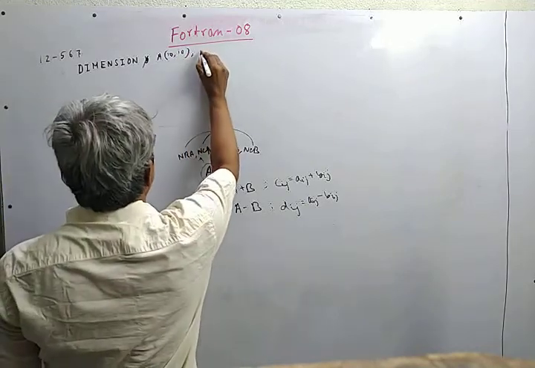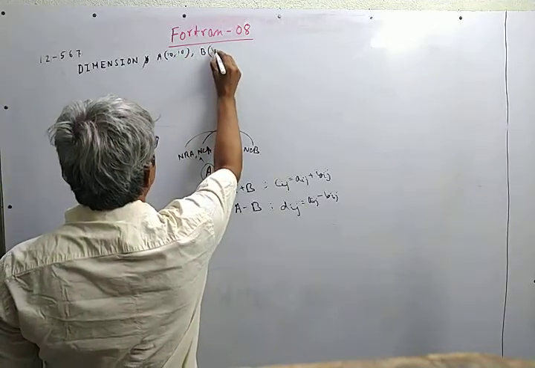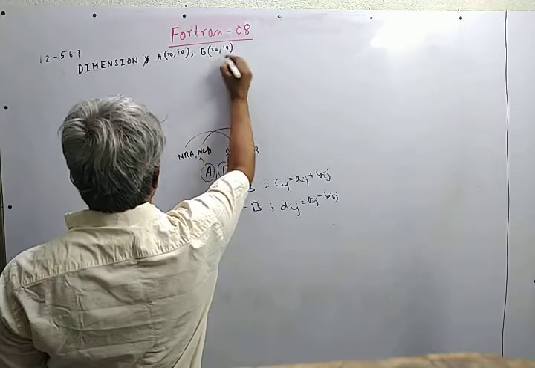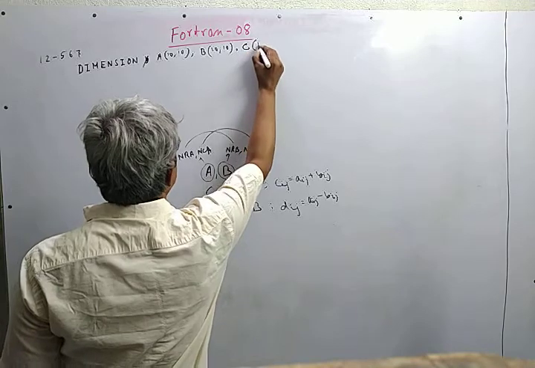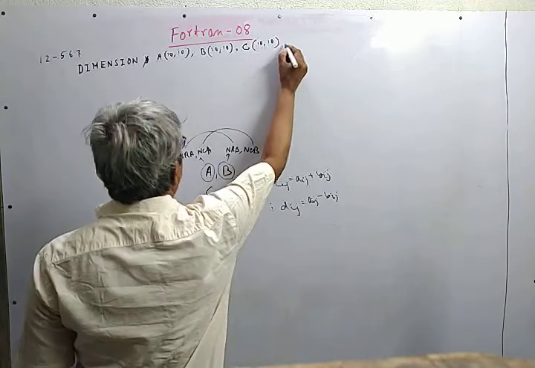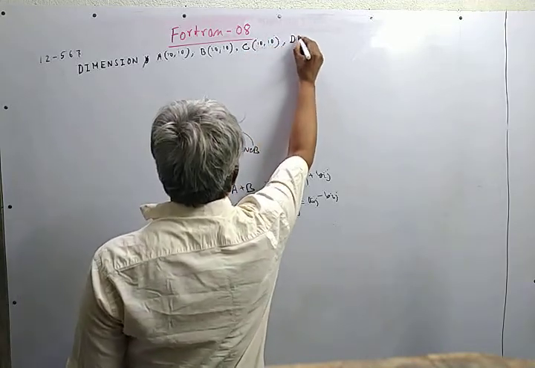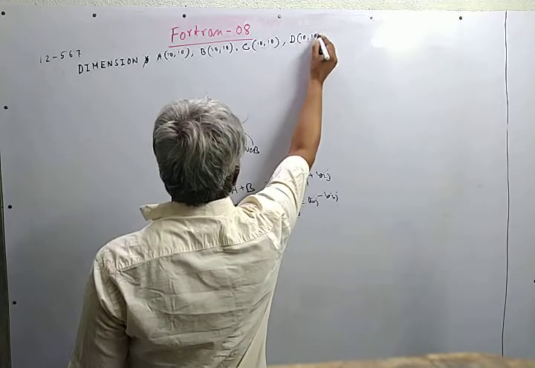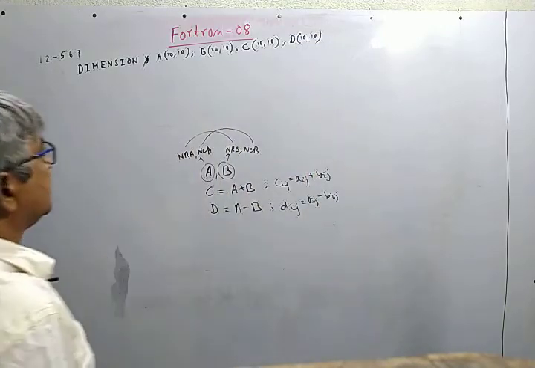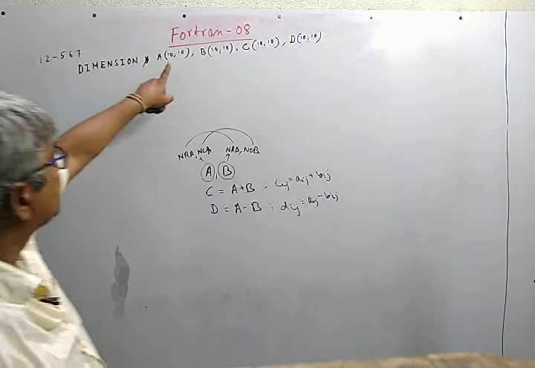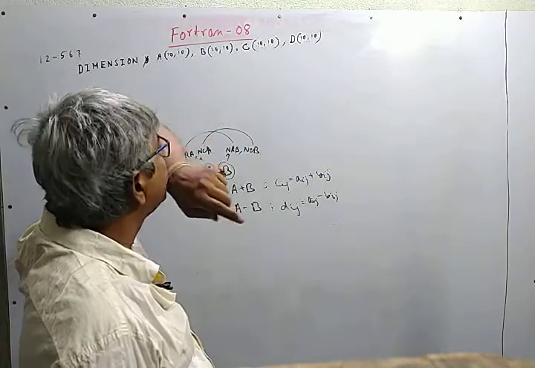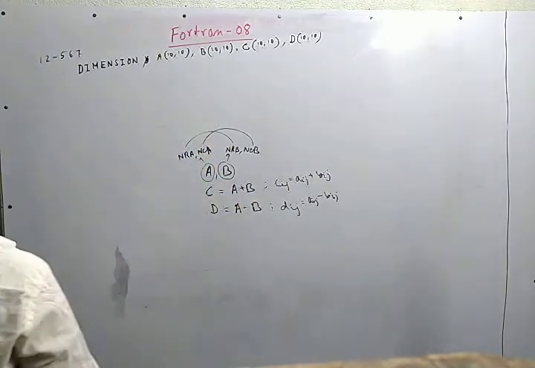For B matrix, so this can handle up to 10, 10, and the addition matrix C is 10, 10, and the subtraction matrix 10, 10. If you want to deal with matrices having still higher dimension, then these numbers are to be increased appropriately.